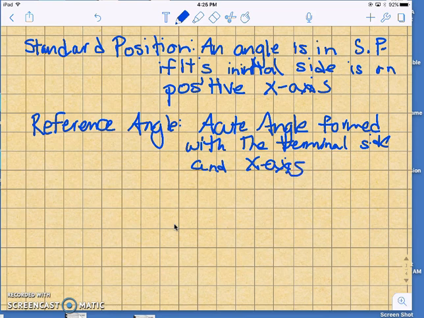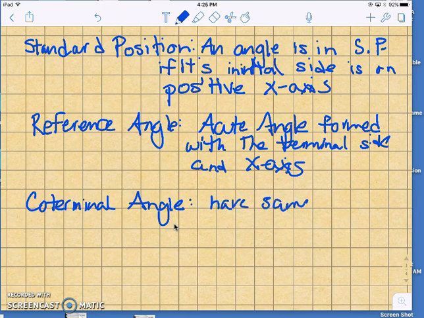And then our last vocab is going to be a coterminal angle. Two angles are coterminal if they have the same terminal side.